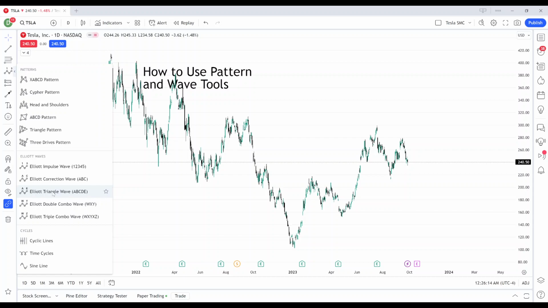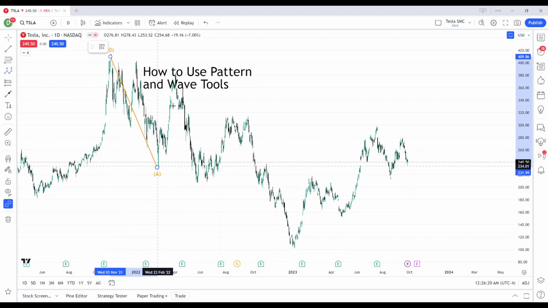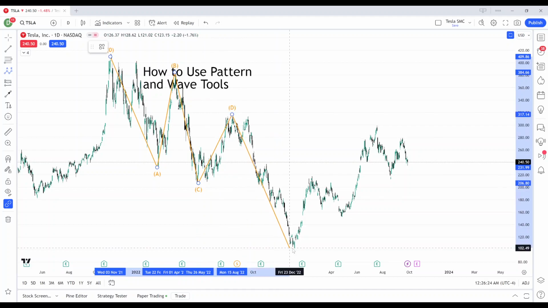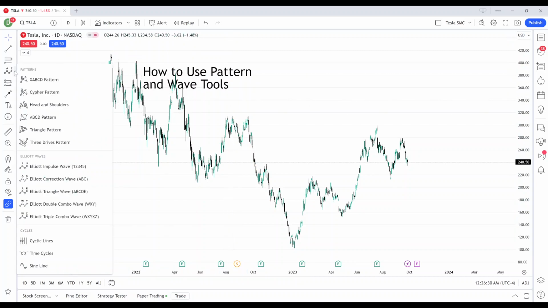Similarly, you can use Elliott Wave as ABCD or ABCDE, okay, and it's just going to be different letters instead. Same kind of thing, 5 waves, right? Just using letters instead. So those things can all be adjusted. I've showed you in previous videos how you can double click or use the settings tool to change those.